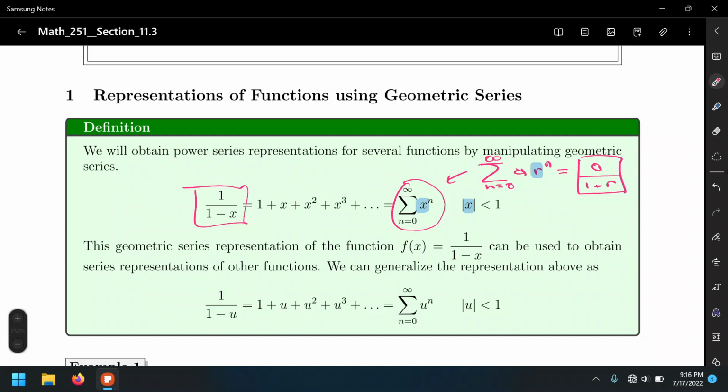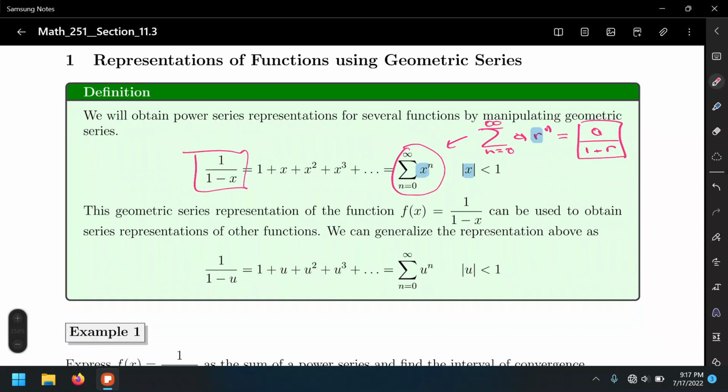In section 11.1, we obtained a power series for the sine function and for the cosine function. We also did the exponential function, but we didn't get it in sigma notation. We're going to do it here, and we are going to look at new techniques to obtain those power series. So if we consider f of x equals 1 over 1 minus x, think of this as having a equals 1 for the sake of simplicity.